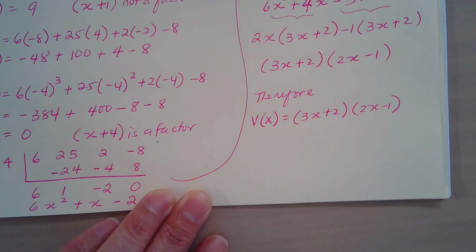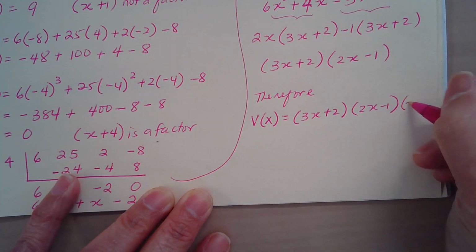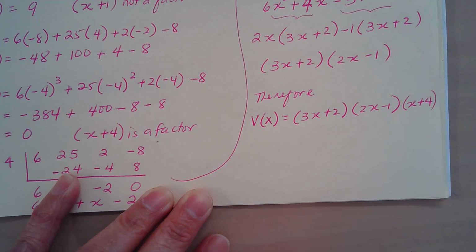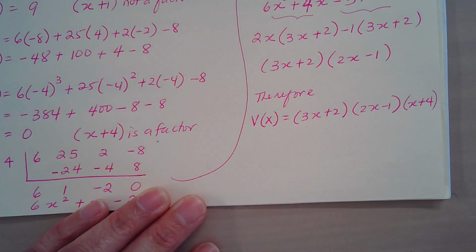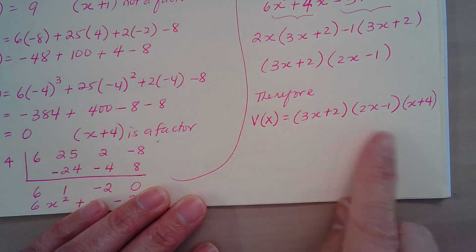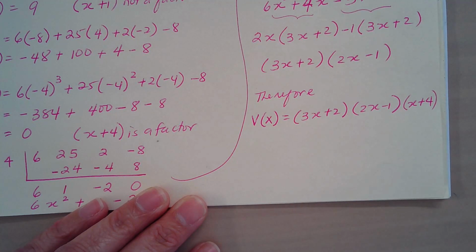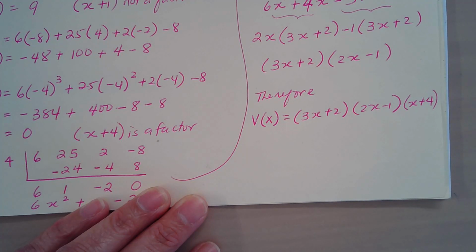What's the other one? x plus 4. Yeah, this is the other factor. That's it: length times width times height. And you could ask, how do I know which is which? It doesn't really matter, right? They're putting it in some kind of context, and this is what we got.